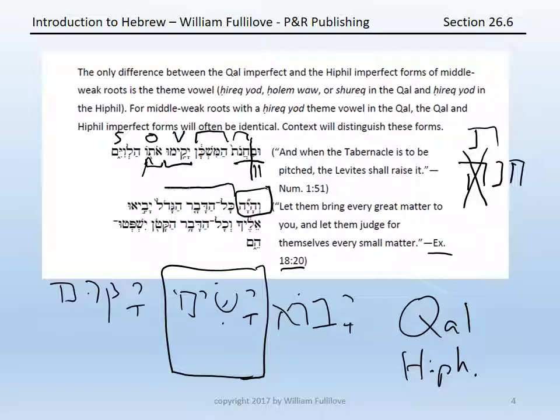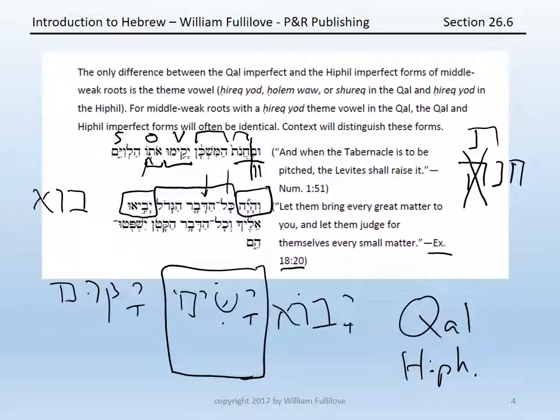Kol hadavar hagadol, every matter, davar is word, thing, affair, or matter, and then that is described by the attributive adjective gadol, every big matter or great matter, yaviu, hiphil imperfect third masculine plural of bo.